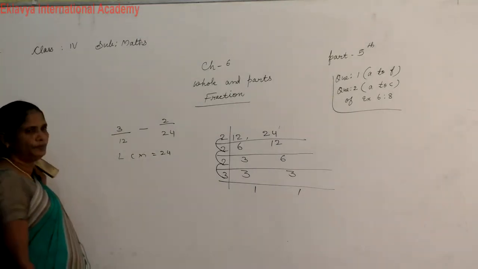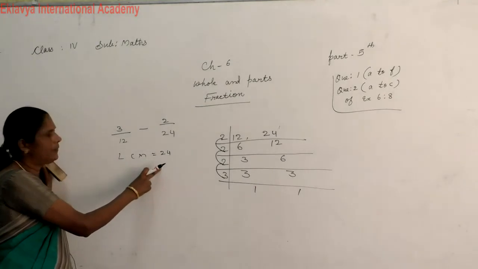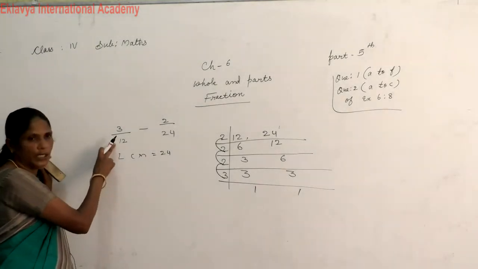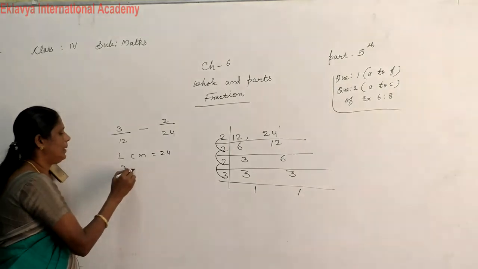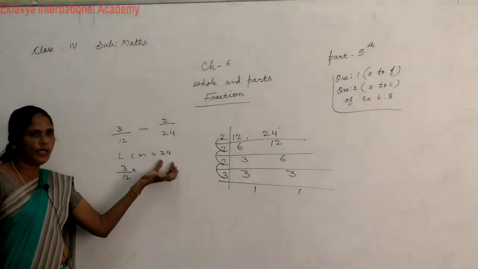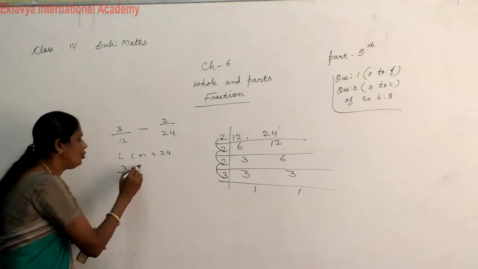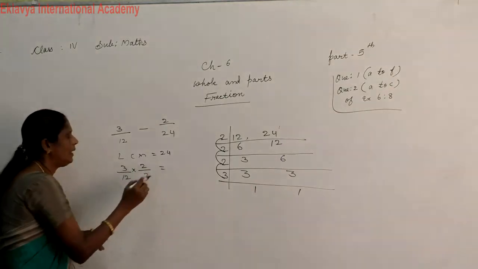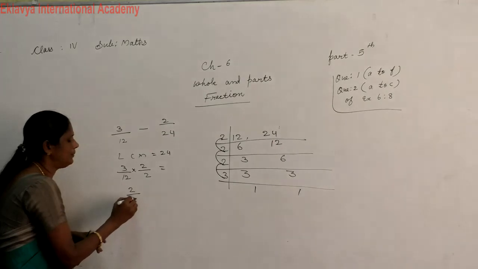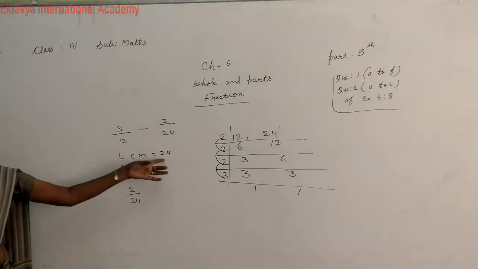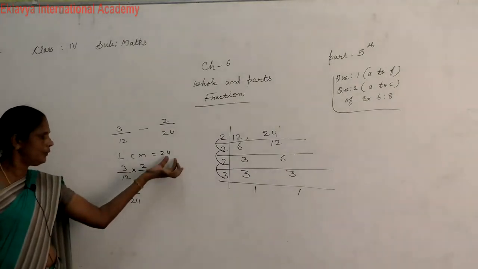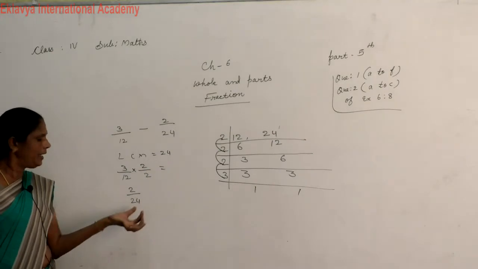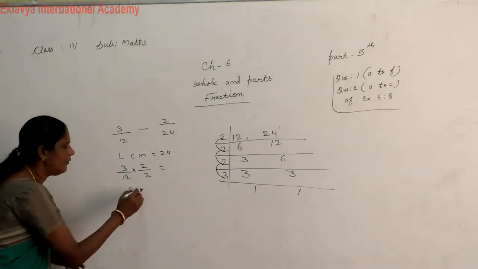Next step, LCM divided by each denominator. First we write 3 by 12, then 24 divided by 12, you get 2. Next 2 by 24, again LCM divided by the denominator, that is 24 divided by 24, you get 1.